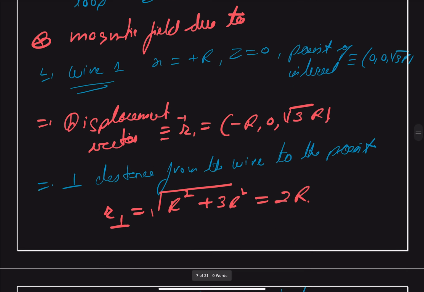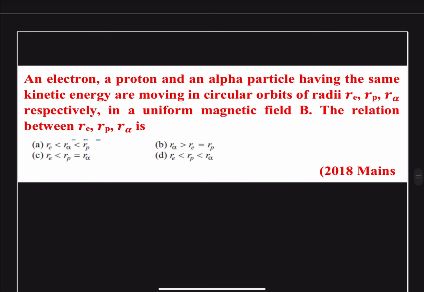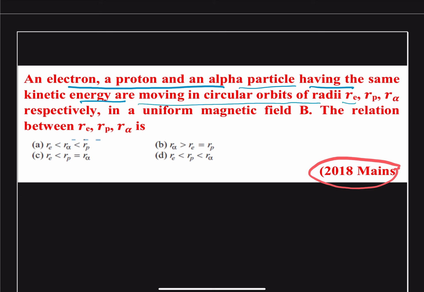Now we come to the next question, and it was asked in the 2018 mains, and it states that an electron, a proton and an alpha particle having the same kinetic energy are moving in circular orbits of radius Re, Rp and R alpha respectively in a uniform magnetic field B. What is the relation between Re, Rp and R alpha?